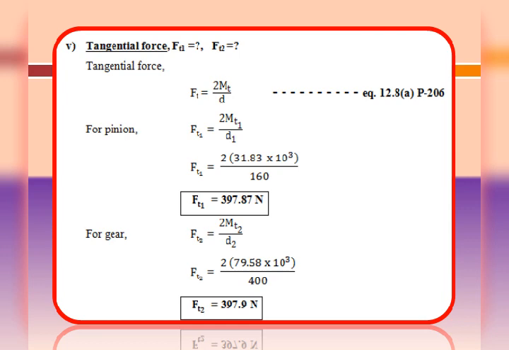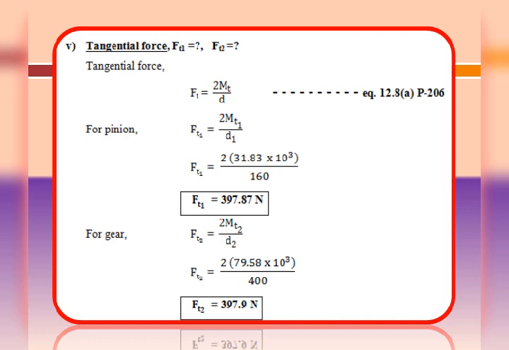By substituting the values of Mt1 and d1, Mt2 and d2, we get Ft1 equal to 2 into 31.83 into 10 to the 3 divided by 160. So Ft1 is equal to 397.87 Newton. For the gear, Ft2 is equal to 2 into Mt2, which is 79.58 into 10 to the 3, divided by d2, the pitch circle diameter of the gear, that is 400.